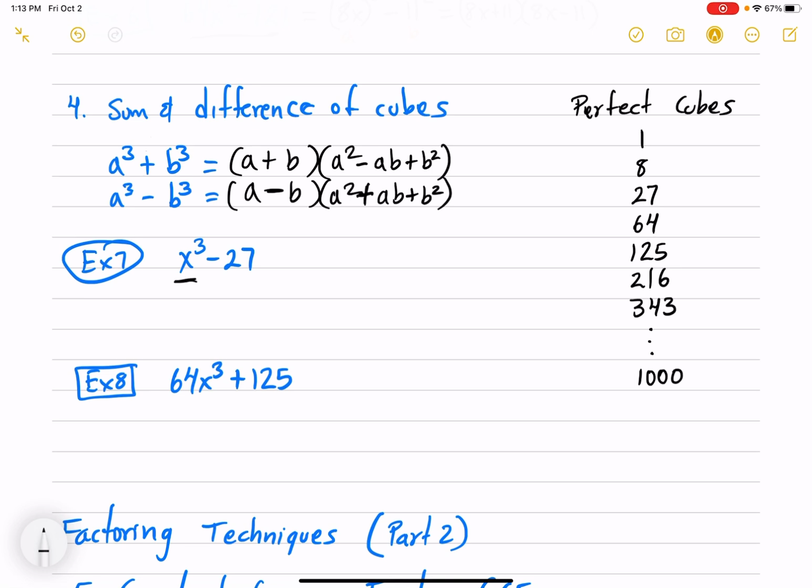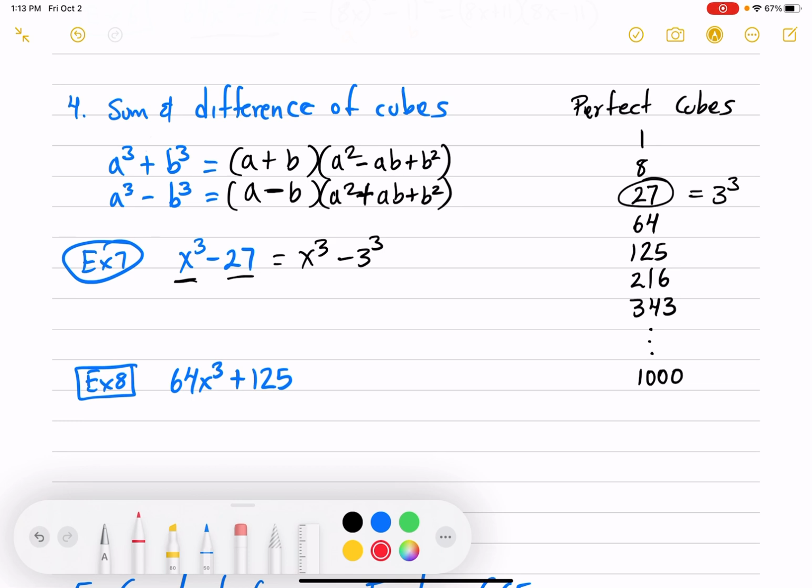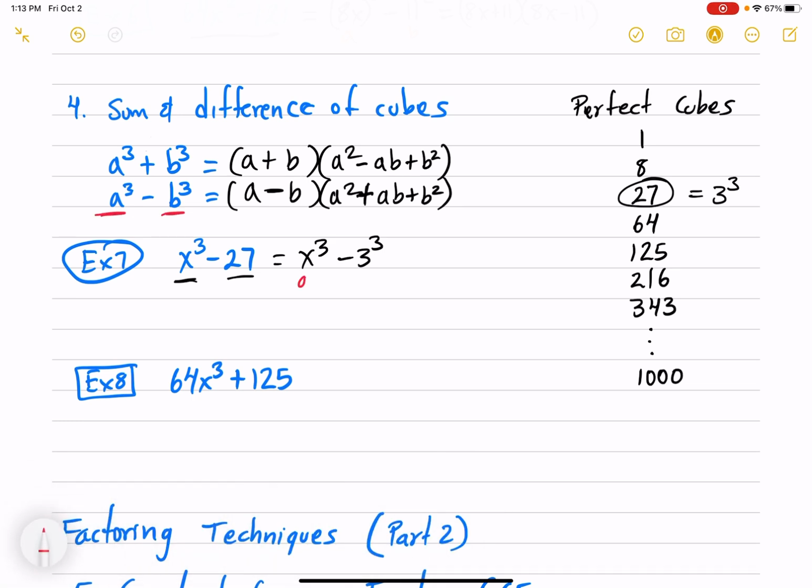Anyway, please recognize the first one here. We have x cubed minus 27, but 27 happens to be a perfect cube. It's 3 cubed. So we could write this as x cubed minus 3 cubed. That way we could match with one of these formulas, a and b. x is my a, b is 3. Now substituting this a and b into this formula, we should be able to finish the factorization.